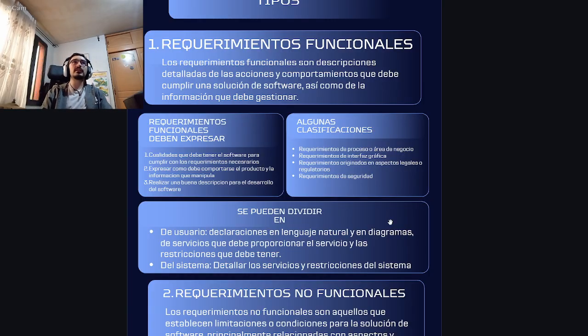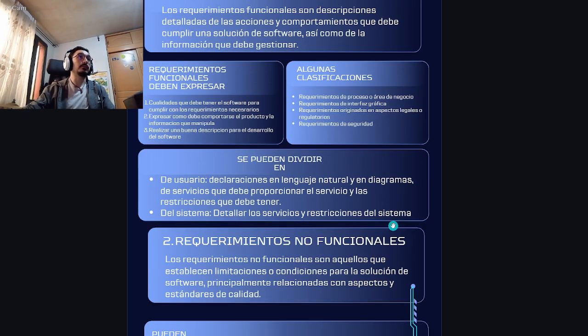This type can also be classified as requirements for processes in a business area, requirements on an interface design, requirements of different aspects like legal and regulations, and also requirements for security.